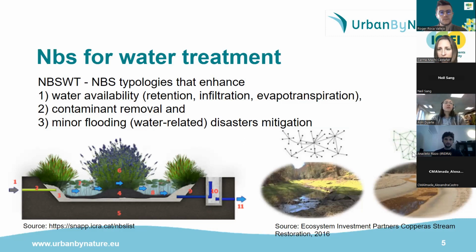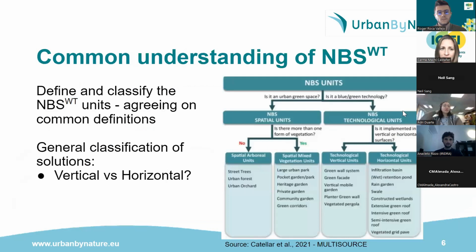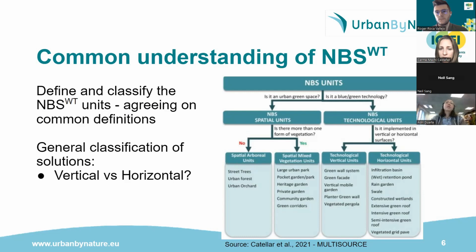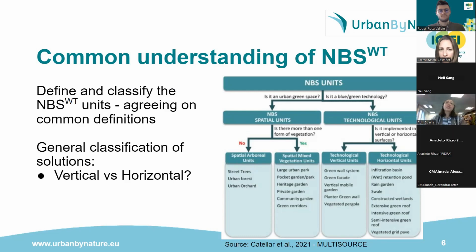And there we can see both schemes comparing a decentralized with a centralized system, a concrete area with a natural area. So by identifying different NBS units, we expect to use a decentralized system that could ultimately improve water quality and also serve as minor flooding mitigation.